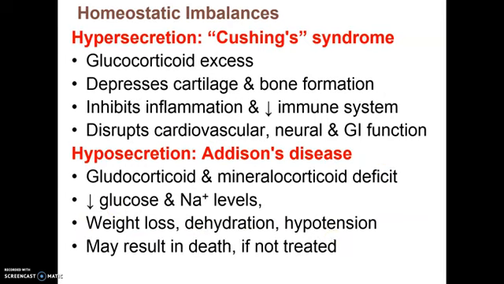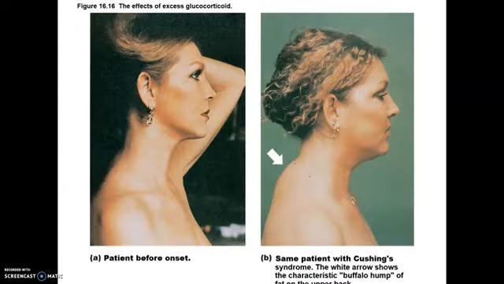And if it is very severe, it can be fatal. So this is actually a patient before onset, and the same patient with Cushing's syndrome. So you see the fat will deposit here, fat will deposit on the face also.